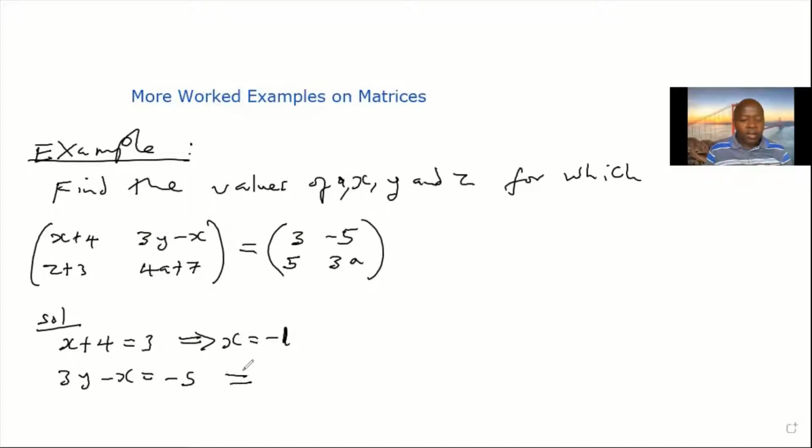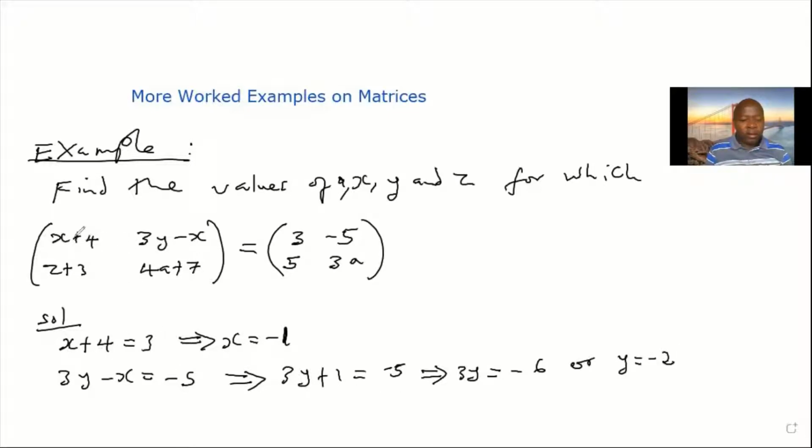We already know what x is, so 3y plus 1 should be equal to negative 5. You see x is negative 1, so it's minus minus 1, and minus and minus give us positive. If this 1 crosses the equal sign, it will be negative 5 minus 1. So that means 3y should be equal to negative 6, or y should be equal to negative 2.